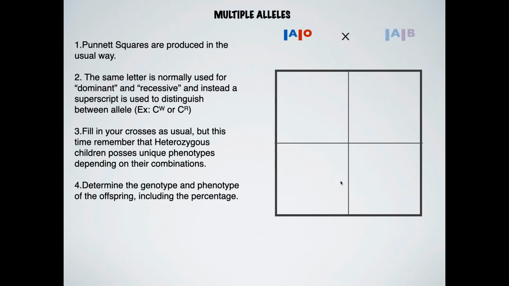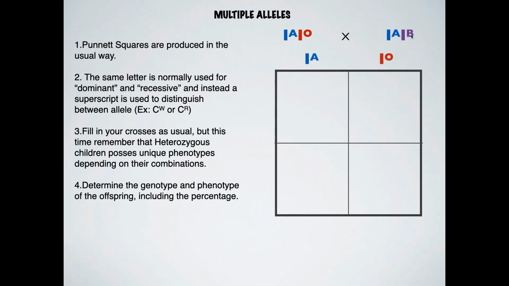But here is an example of blood type. So this parent has A type blood because O is nothing, basically. O has no markers. If you have no markers, you're O. But anything else like A or B or AB, those are expressed. So this parent would be A, and this parent would be AB.